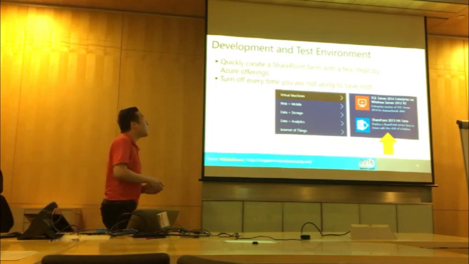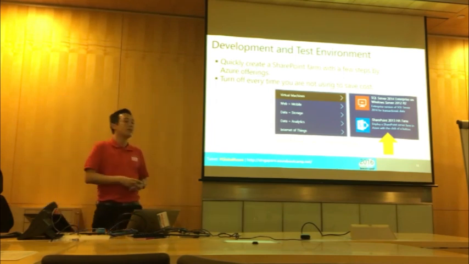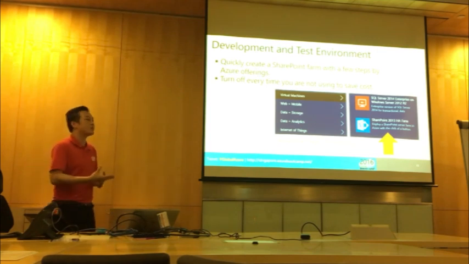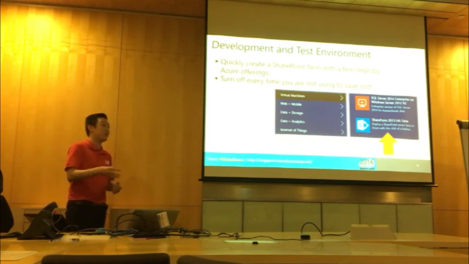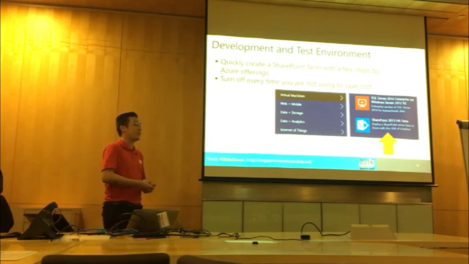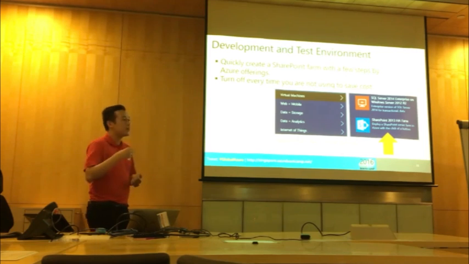Okay, so for development and test environment, the most common scenario is you have a shared production server on premises, as I just mentioned earlier. You don't want to replicate the similar environment in your on-premises, right? Because the hardware resources are limited, or your CFO doesn't approve the budget. Then the option is to create the development environment in your Azure.